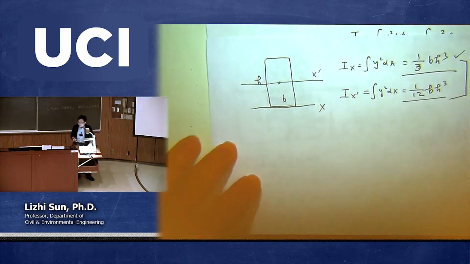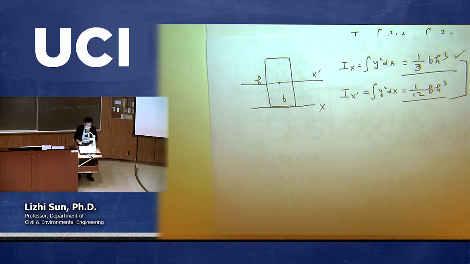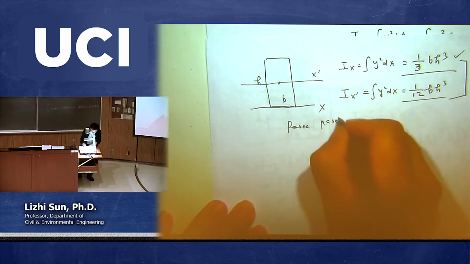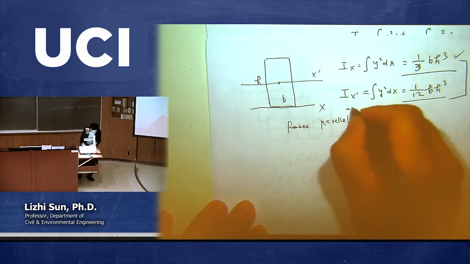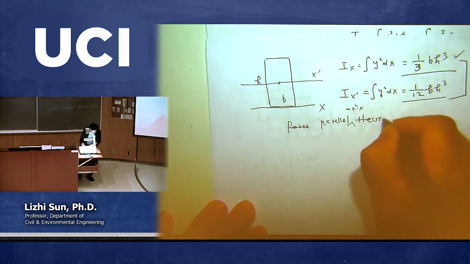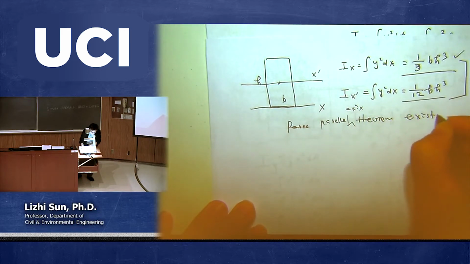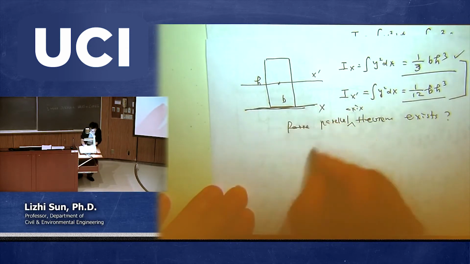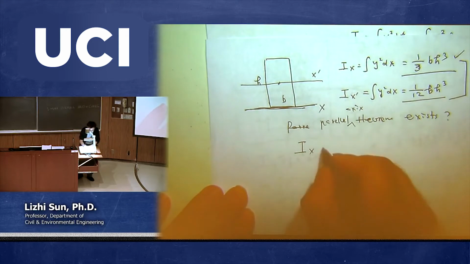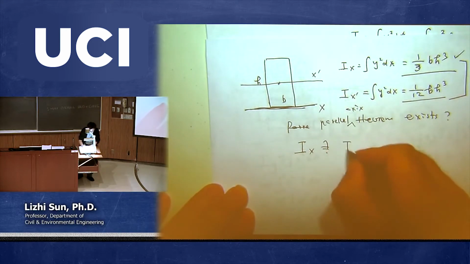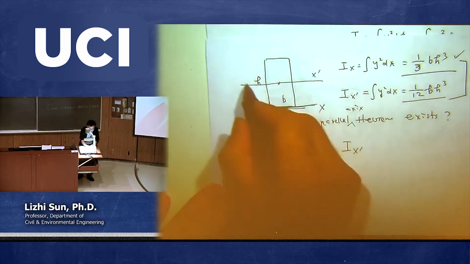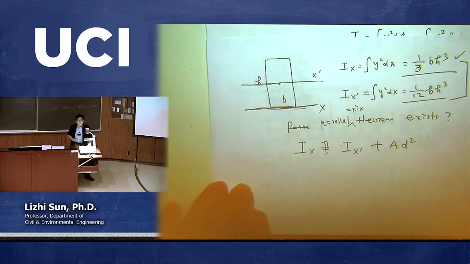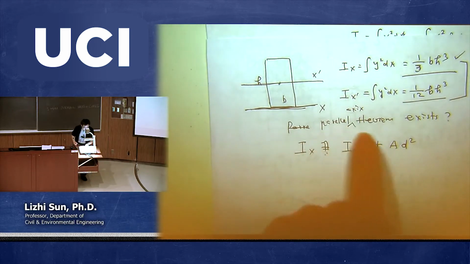Now I just want to look at those two results we obtained to check whether the parallel axis theorem holds or not. Okay? So in other words, let's say we have this one, I with respect to this axis, which is equal to the one with this new axis plus A D squared. I have a question mark. I want to check this one because this is what we call the parallel axis theorem, right?